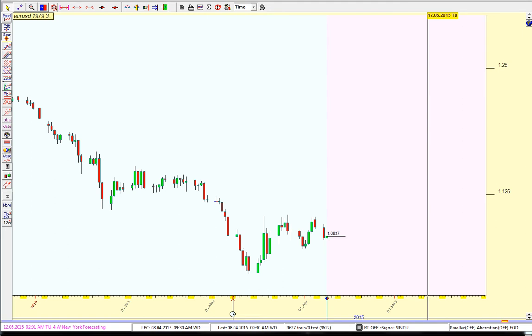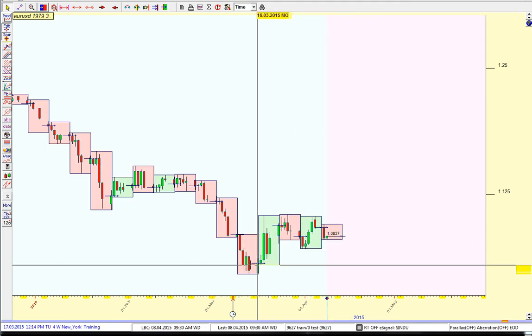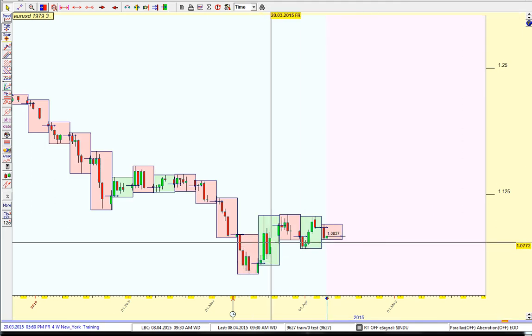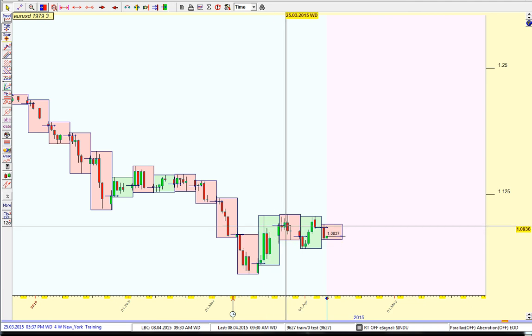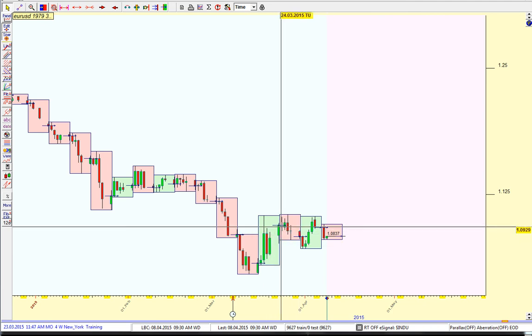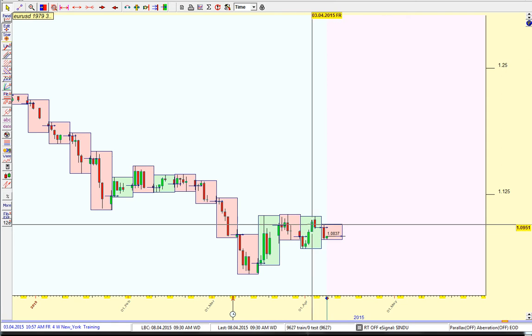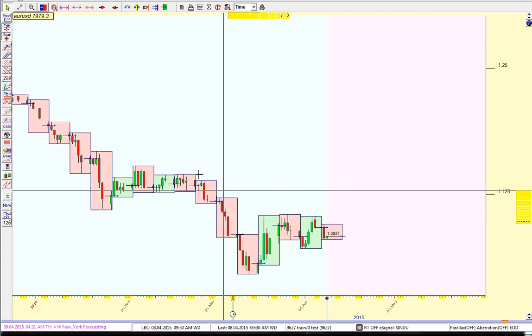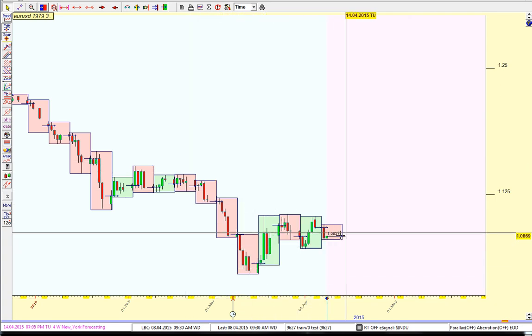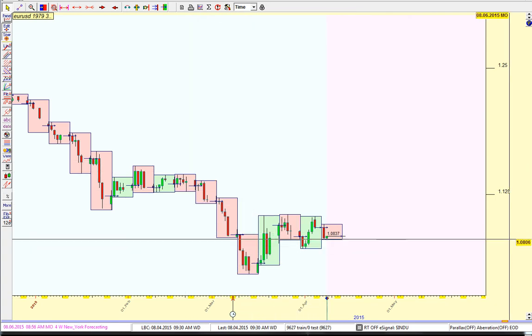On the weekly, you can see that we got a nice pop here. This is all a grid of weeks. Kind of bearish. A nice pop here, and this week we're still kind of bearish, but like I said, into a triangle wedge.